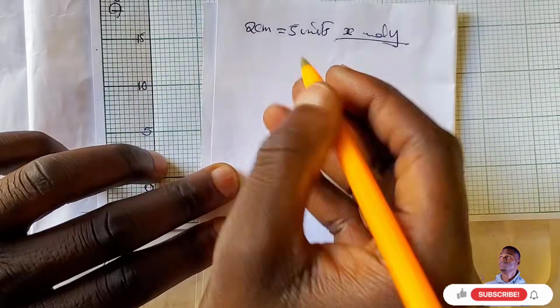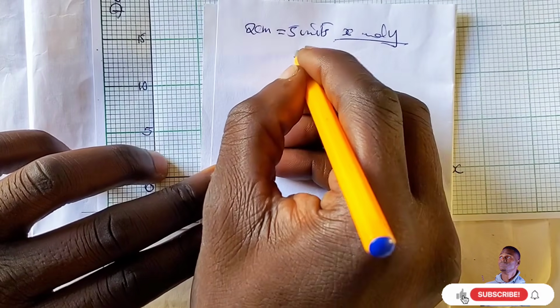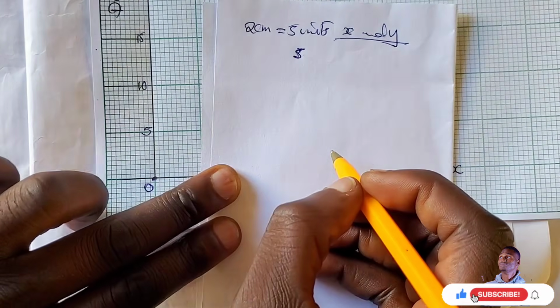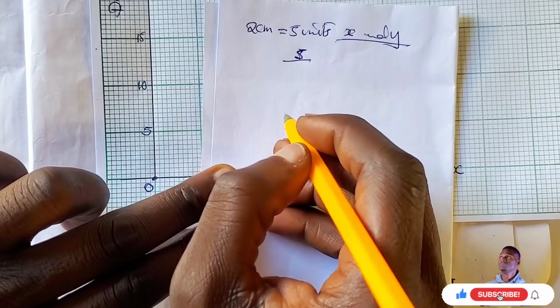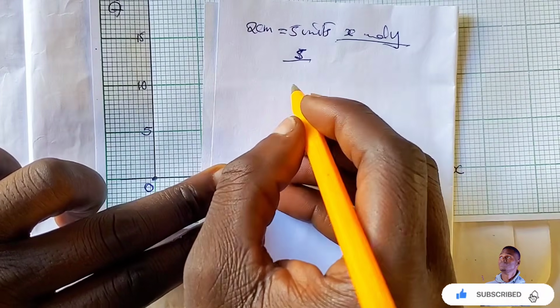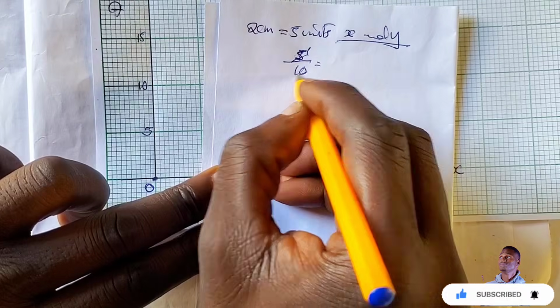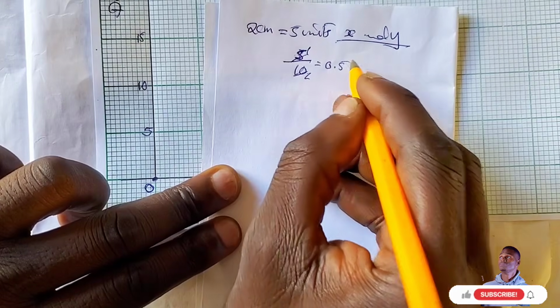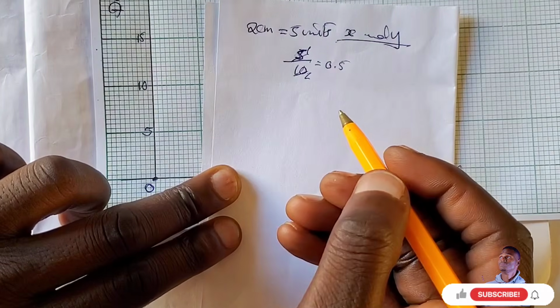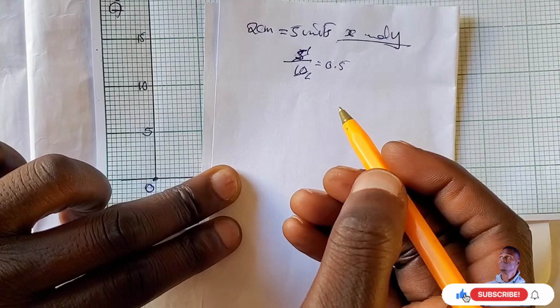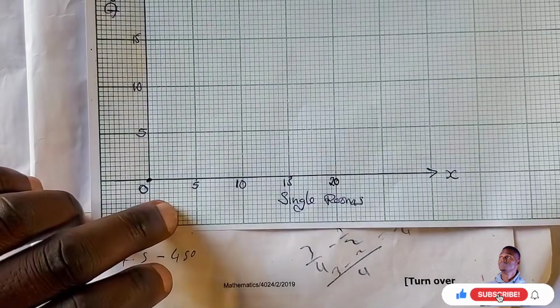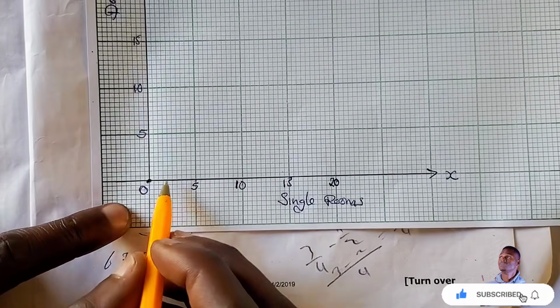You write the units given, which is 5 units, divided by the total number of boxes in 2 centimeters. How many boxes? 10. So this is 0.5. So each single box is 0.5, meaning 2 boxes is 1. Let's check if it is correct.